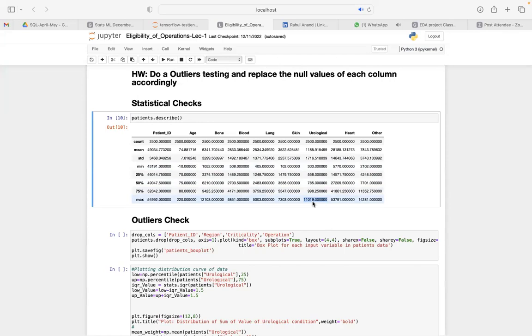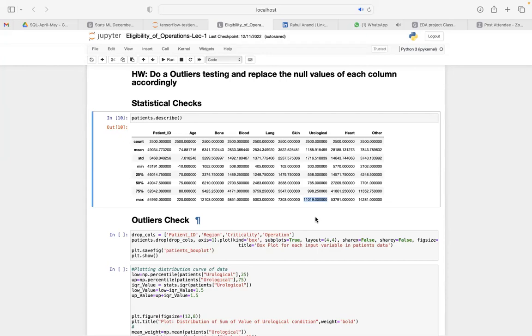If one or multiple outliers are present in a column and contribute to the mean, and that column has some null values that we replace with the mean, will that be a viable solution? Will that be leading or misleading information for a machine learning model? Yes, it will not be the correct way to replace those null values.